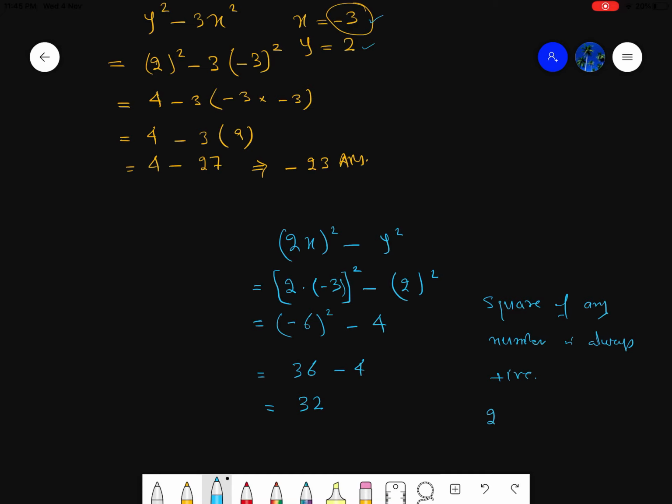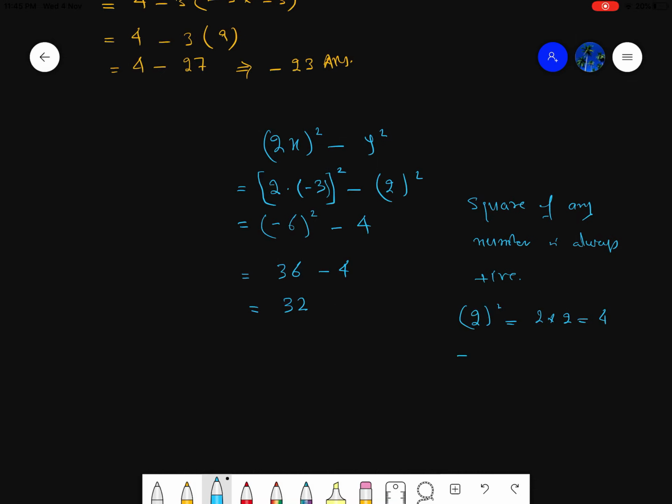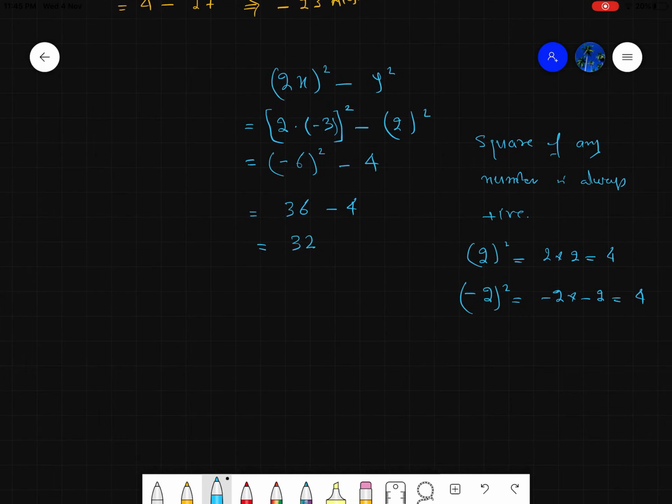For example, 2 square is 2 times 2, which is 4. And similarly, minus 2 square is minus 2 times minus 2, which is again plus 4. So whole squares always end up in a positive number.